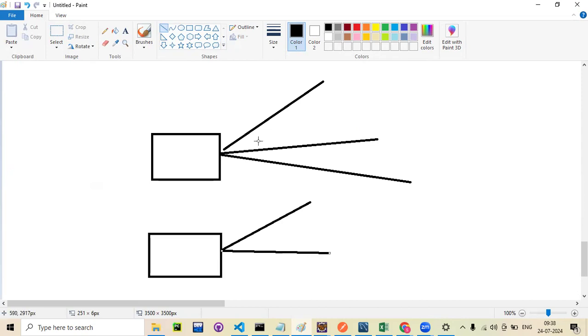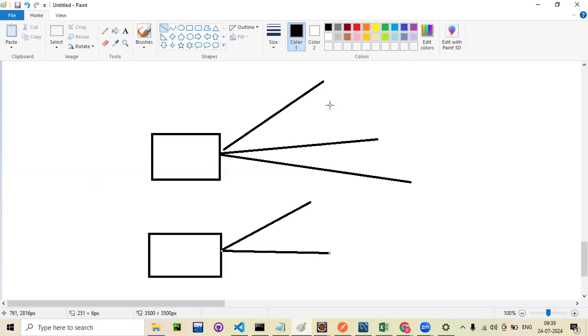Person one is using three laptops, and person two is using two laptops. But no laptop is being used by two persons at the same time. To explain in more detail, person 1 is using laptop 1, 2, 3, and person 2 is using laptop 4 and 5.